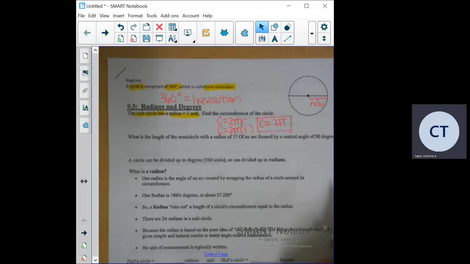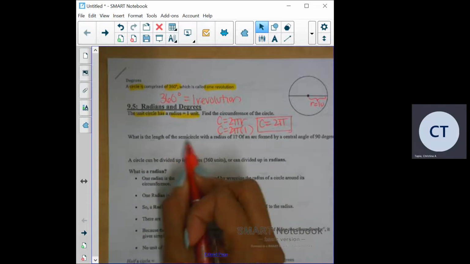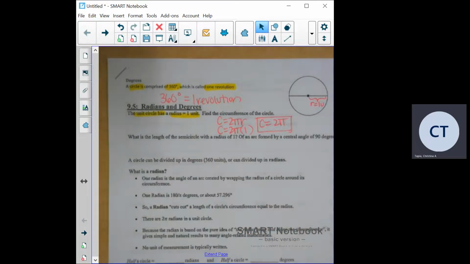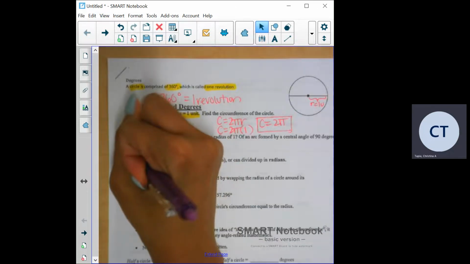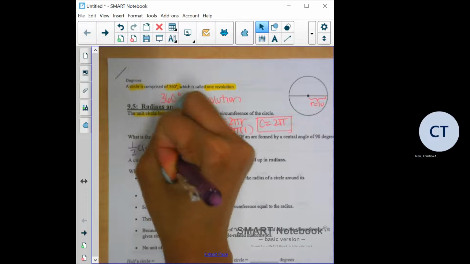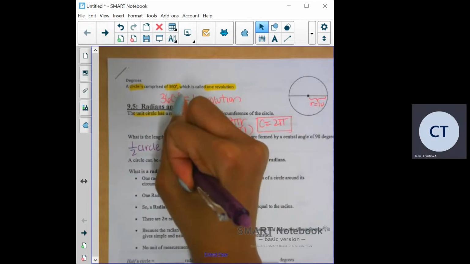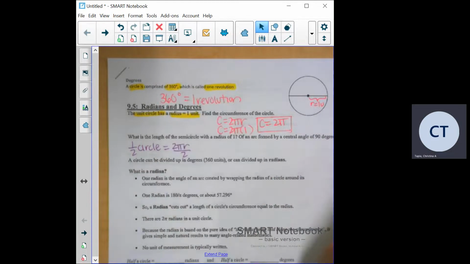For the next part, this one is asking for the length of a semicircle. Heidi, what's a semicircle? Half a circle. So I take the circumference formula that Melissa just gave me and take half of it, so 2 pi r divided by 2, still using the same radius of 1.